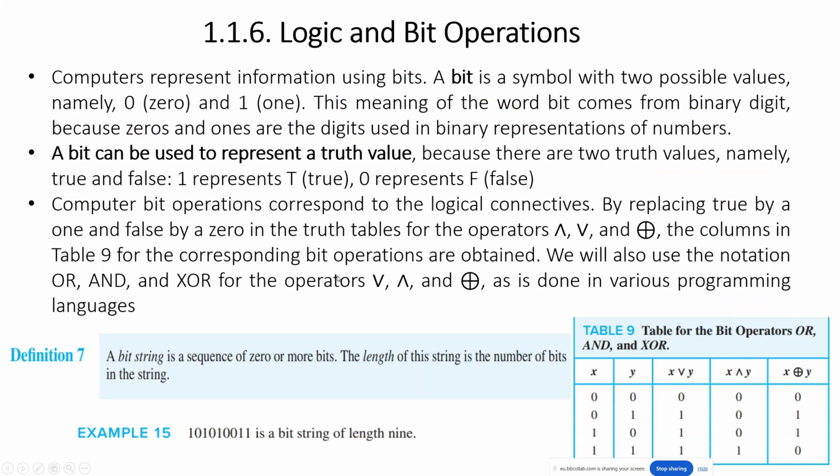The last thing I'm going to talk about is the logic and bit operations. Many of these representations of true and false are going to be zeros and ones. 1 represents the true, and 0 represents the false.